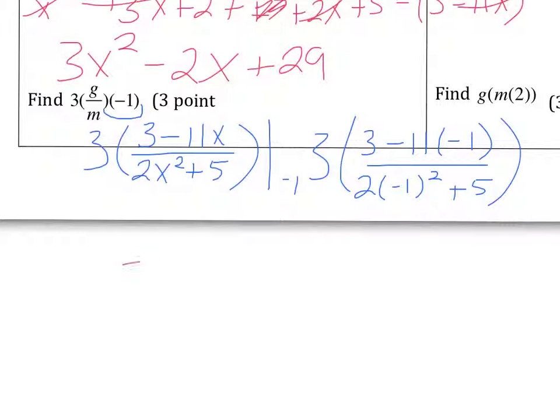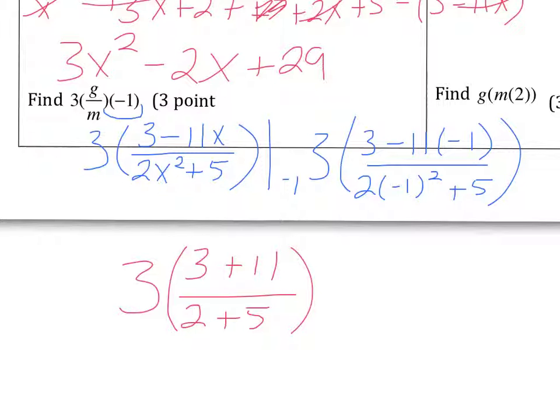So we've got 3 minus negative 11 is positive 11 more, giving 14. Negative 1 squared is 1. 2 times 1 is 2, plus 5 is 7. So I get 14 over 7, which is 2. 3 times 2 is 6.